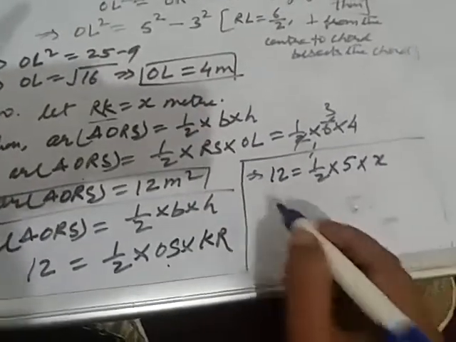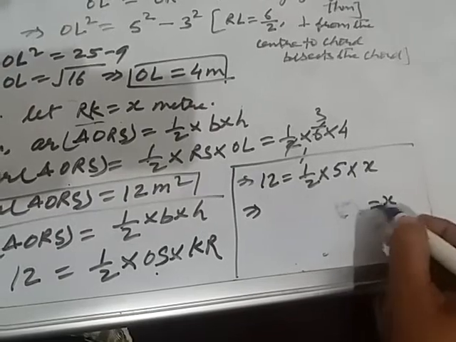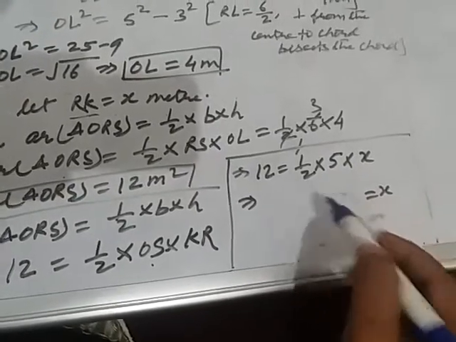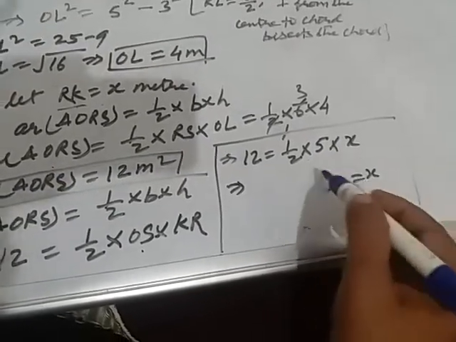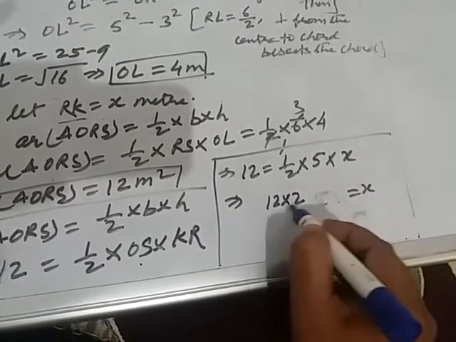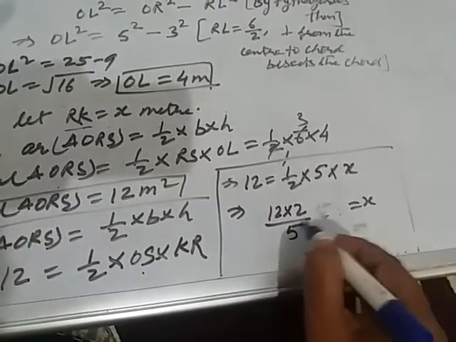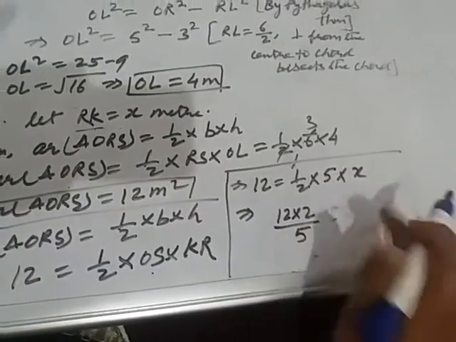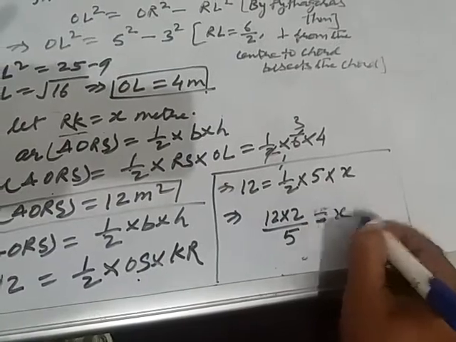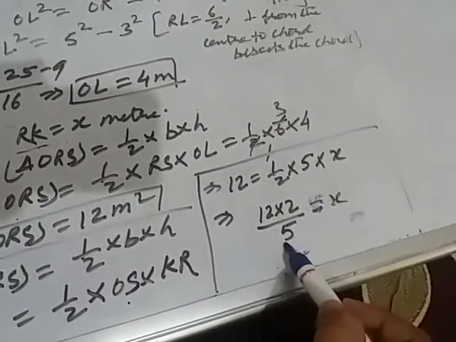Clear, children? This implies that X equal to 12 into 2 upon 5. By cross multiplication, equal to X. Is there any doubt? 2 will be multiplied by this and 5 will be here, right?